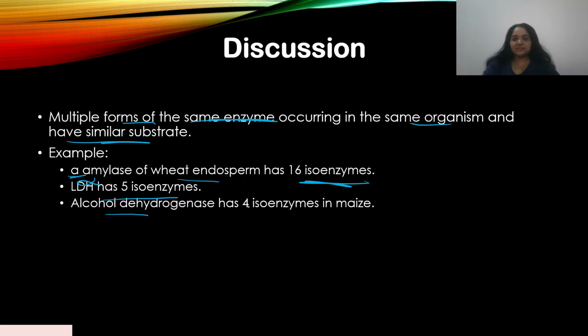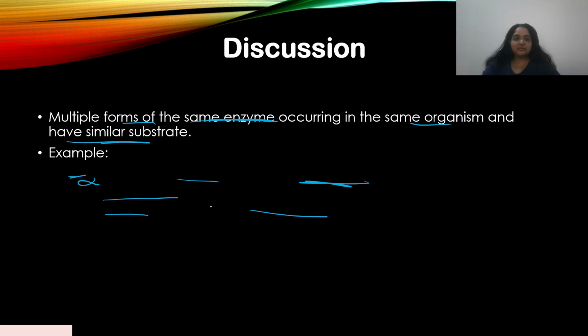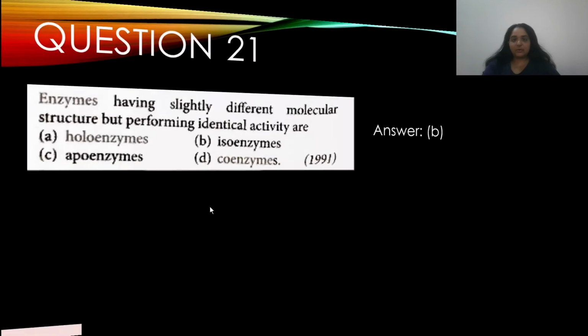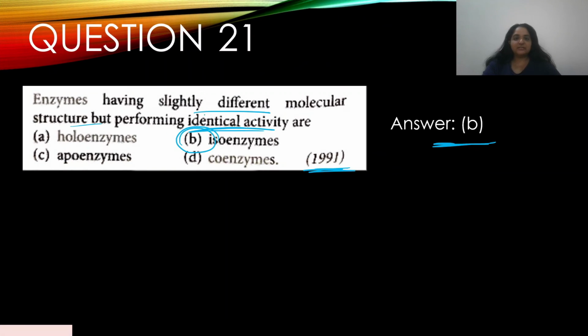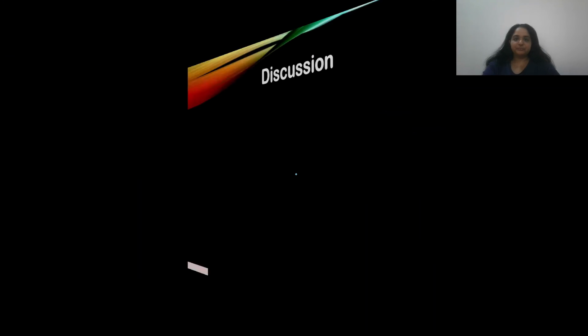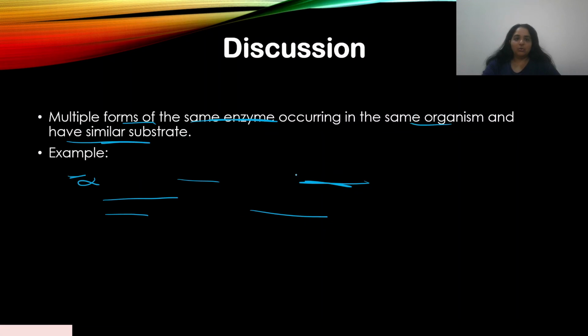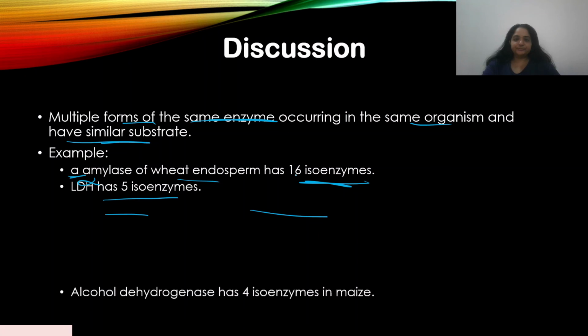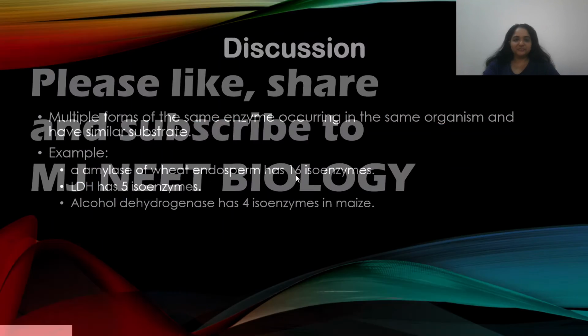Alcohol dehydrogenase has 4 isoenzymes in maize. So these are different types of examples of isoenzymes found in nature. Clearly, it's a slightly different molecular structure but performing identical activity. Clear? This was simple, direct.